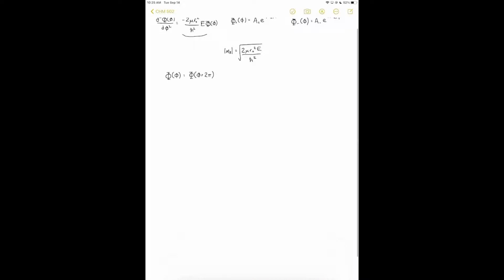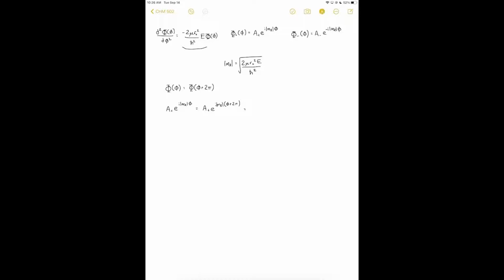All right, so what do we do? Well, we can say that, again, just plugging in these values and setting them equal to each other. So we'll do the a plus here. And if we plug in phi, we'll get a plus e to the i m_L phi. That's great. And then if we plug in phi plus 2 pi, we'll get a plus e to the i m_L (phi plus 2 pi). In this case, what we're going to do is break apart that exponent.